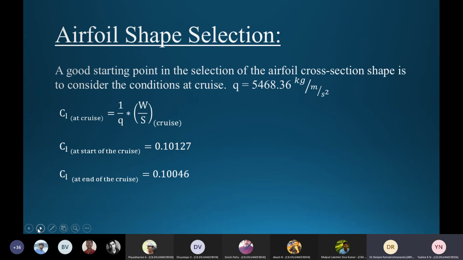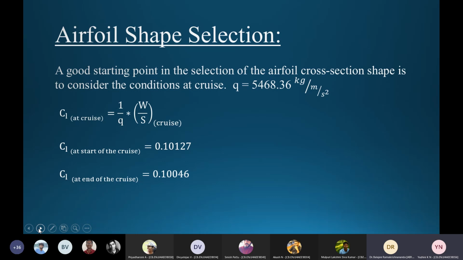Thrust is in newtons, so W should also be in newtons for it to be non-dimensional. That is why you should use Q in newtons. But here, if you use W by S as kg per meter squared, then this is okay.